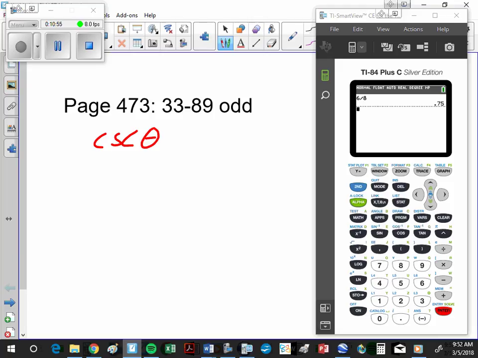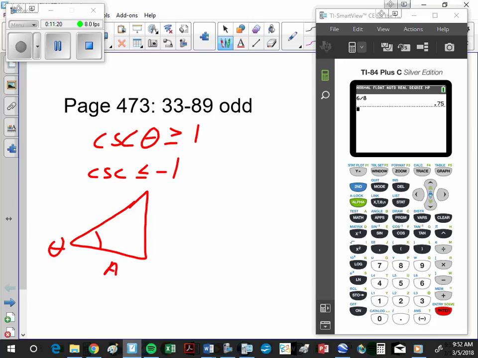The cosecant can be as small as 1, or the cosecant has to be less than or equal to -1. Because that's H over O, right? So if I draw that same triangle, and I have theta, and I have O and H.